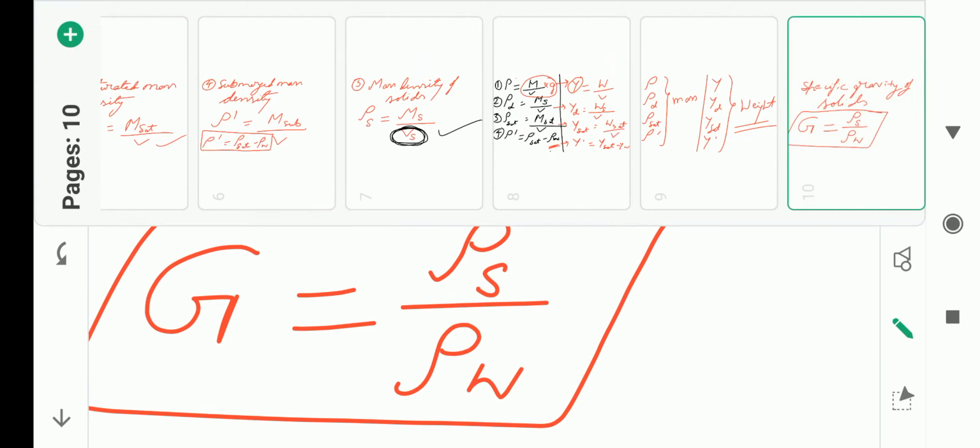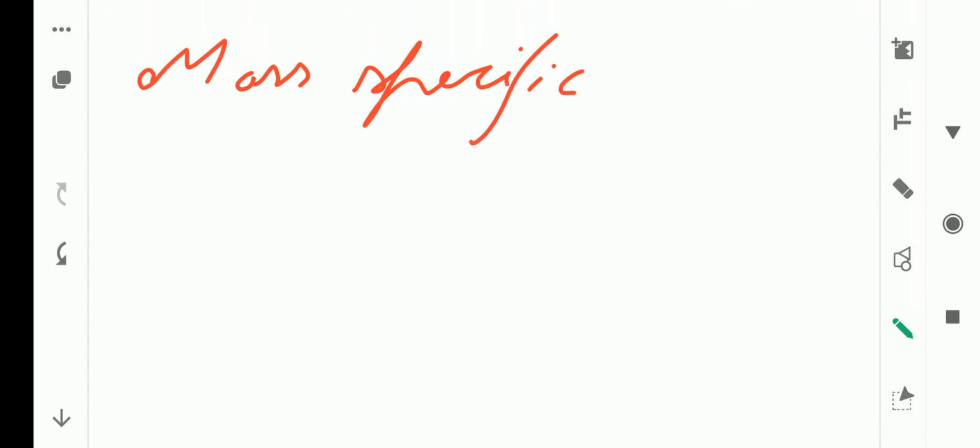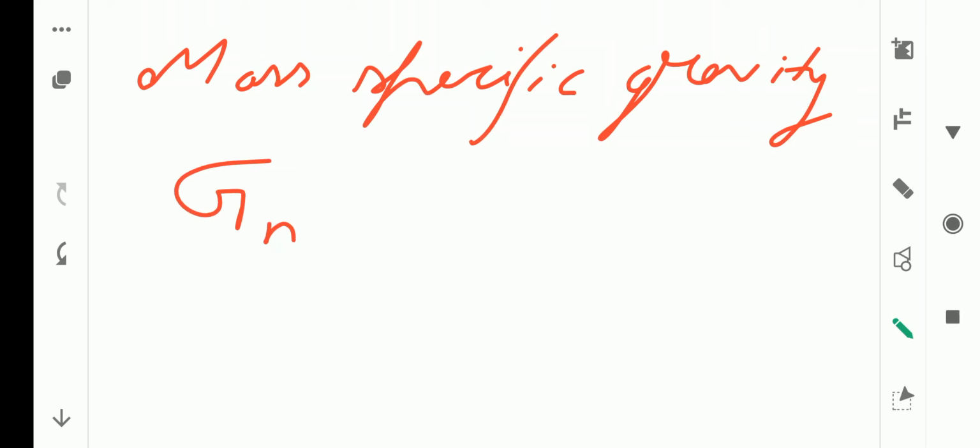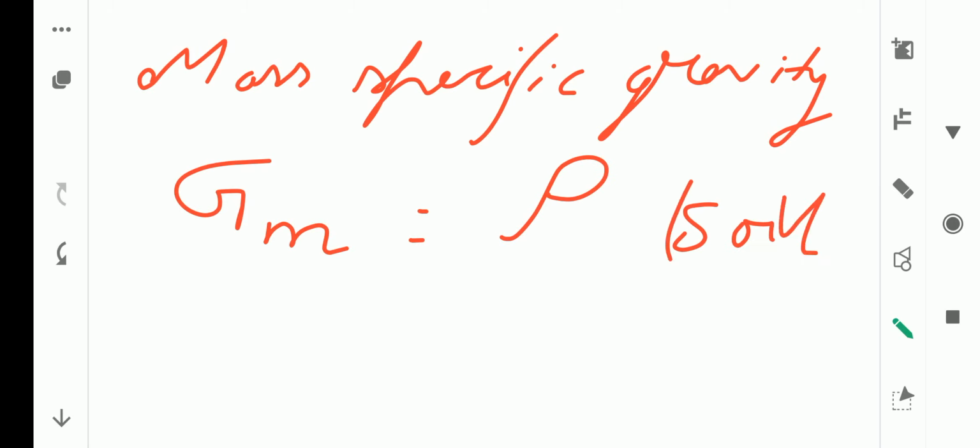We can also define another term that is called mass specific gravity. Mass specific gravity is denoted by Gm, and it is equal to density of soil divided by density of water, right?